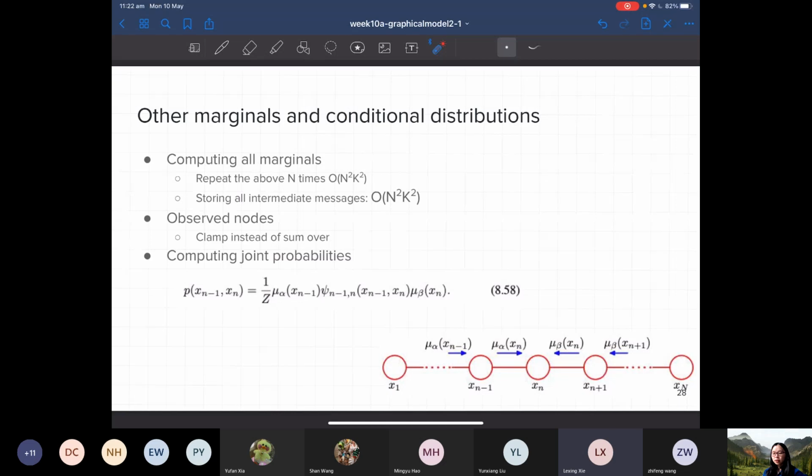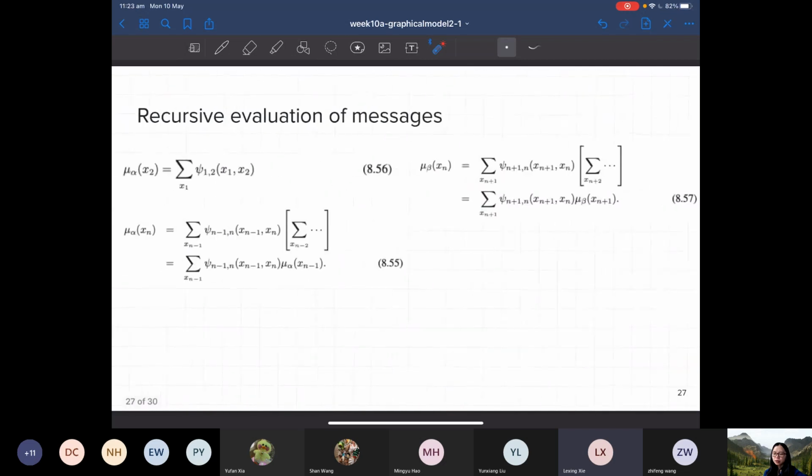So you can say that we covered how to compute the marginal of one node in a chain. That's kind of limited, right? If I'm doing image denoising, I want all the nodes. How do we do this? If we have a chain, we can essentially compute and store, so we're trading off computation with a little bit of memory.